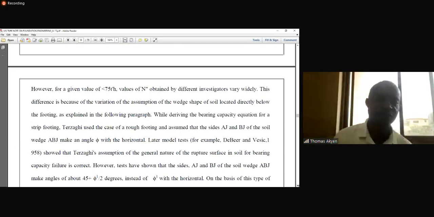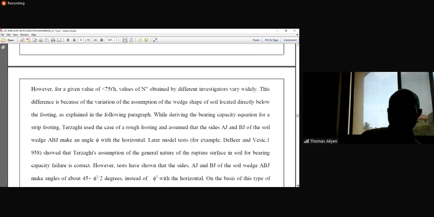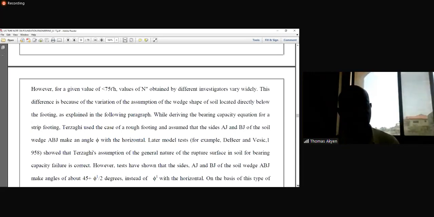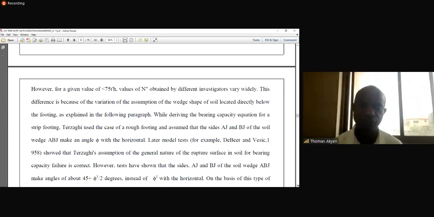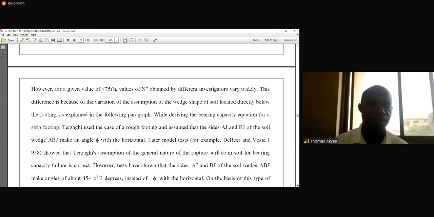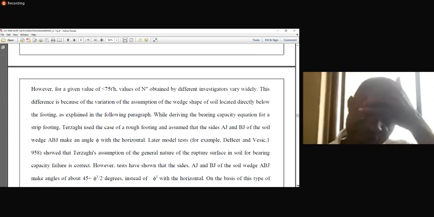This difference is because of the variation of the assumption of the wedge shape of soil located directly below the footing, as explained in the following paragraph. While deriving a bearing capacity equation for a strip footing, Terzaghi used the case of a rough footing and assumed that the sides AJ and BJ of the soil wedge ABJ would make an angle phi with the horizontal.